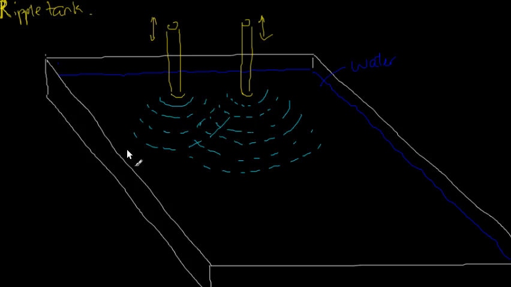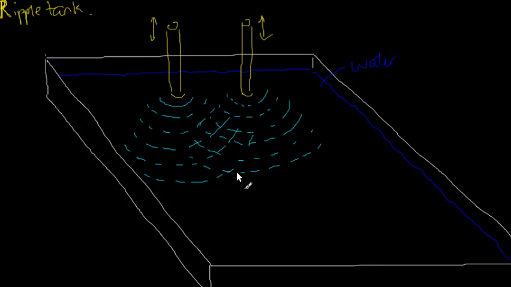Now, what we will see is that the two sets of ripples will start crossing into each other. They will start interfering with each other. Now, what happens when they interfere?